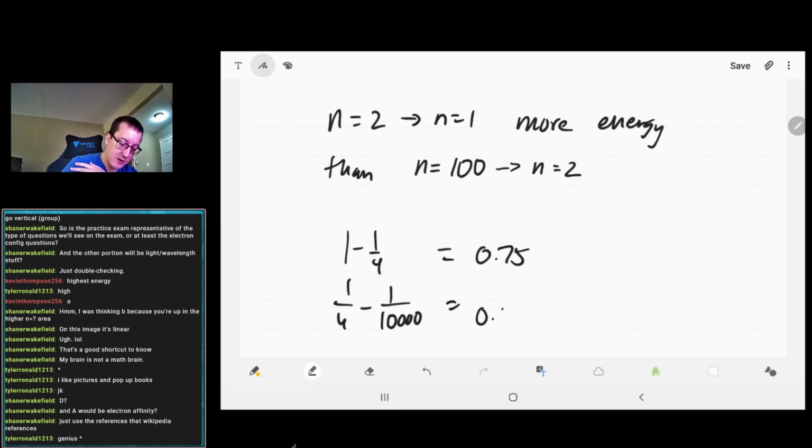This is essentially 0.25, right? So going to level 1 is always going to be more energy than anything else. Perhaps another thing, a toolkit you can have: anything that involves the first energy level to any other energy level will always be more energy than any other transition. Energy gaps for you.